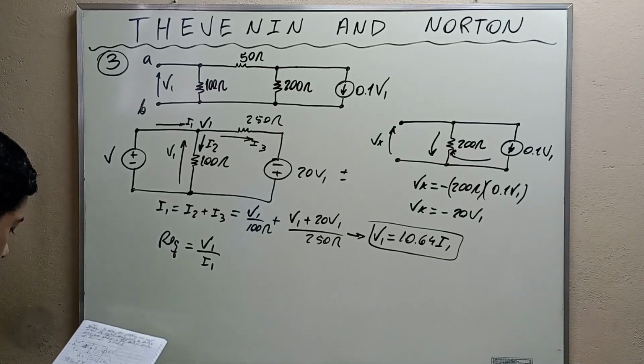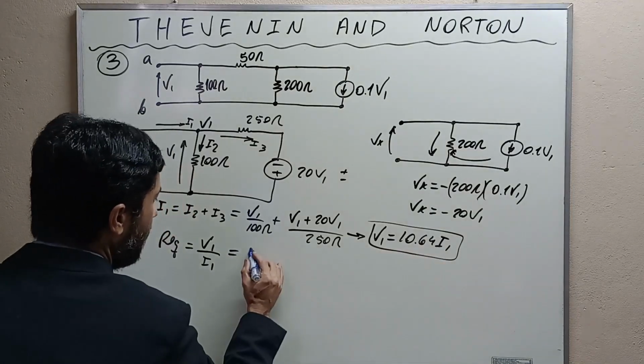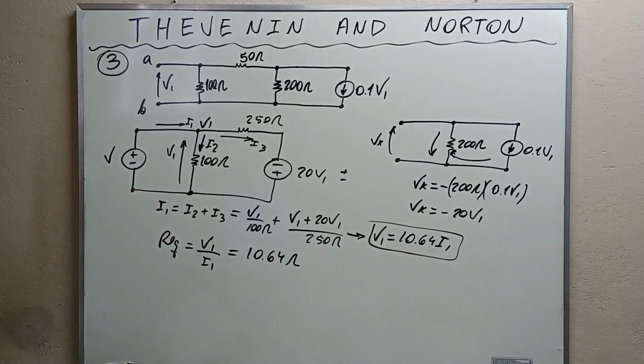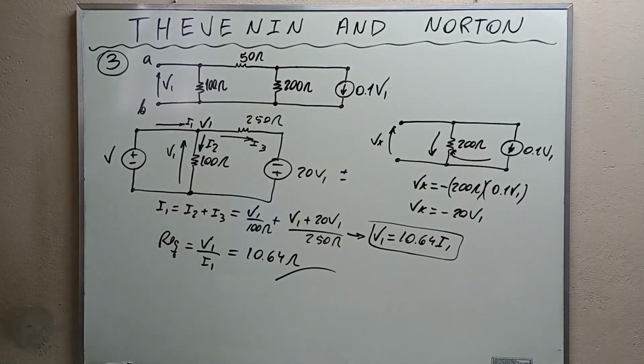And we find here that simply dividing, 10.64 ohms, okay? And the circuit is reduced to, the exercise wants only, let me refresh my mind, the equivalent resistance. Then the equivalent resistance is this, and this is the solution of the exercise, my friends.